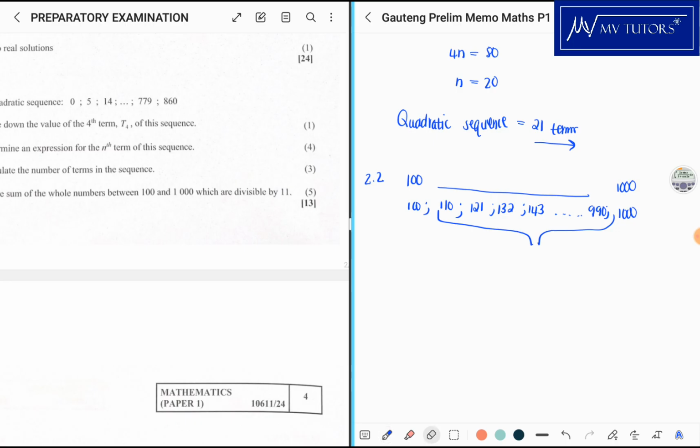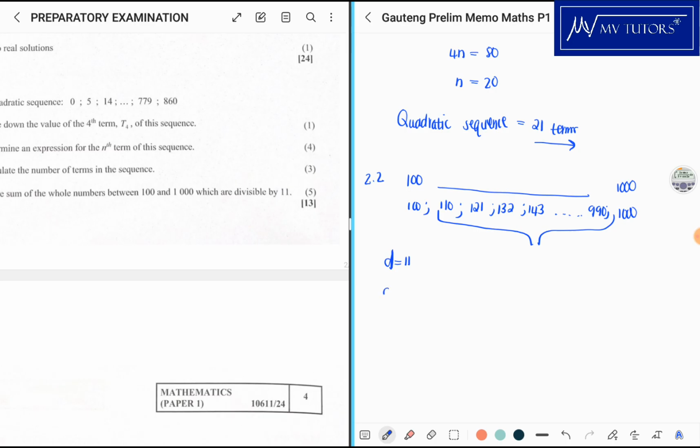Now remember, here the common difference that we have, we keep adding 11. So D here is actually 11. This is an arithmetic sequence, but because we're going to add ultimately, it will turn into an arithmetic series. So I have my common difference, which is 11.